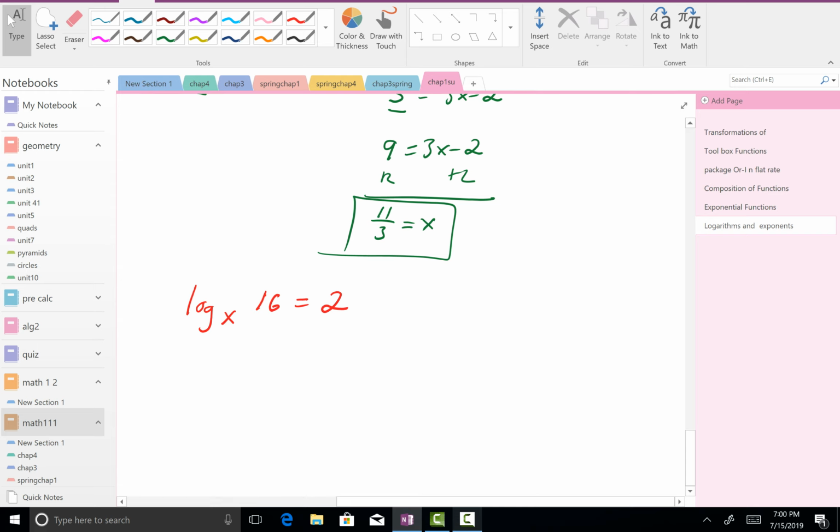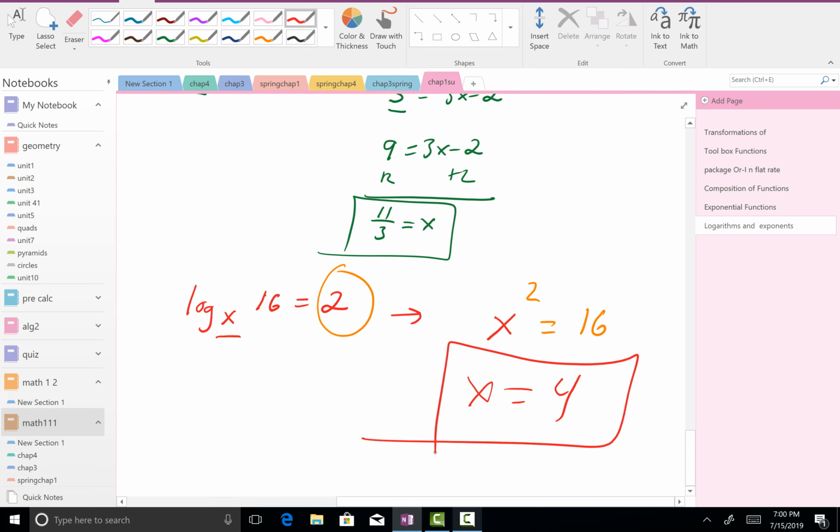Now here's my base. We use the definition: x, the input becomes the output, equals 16. So what does x got to be? 4. Yep.